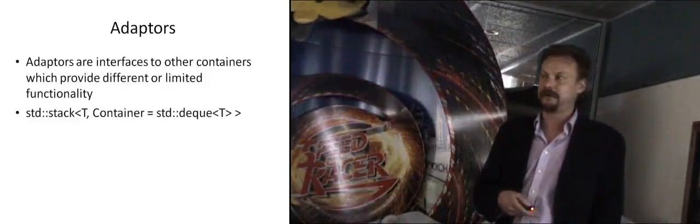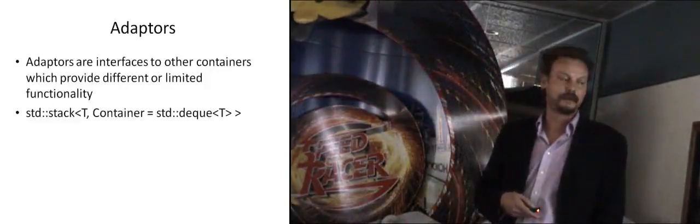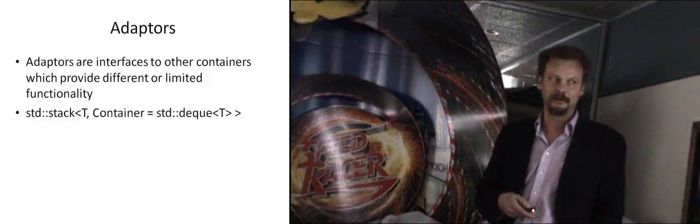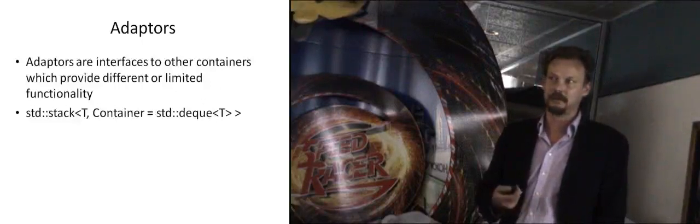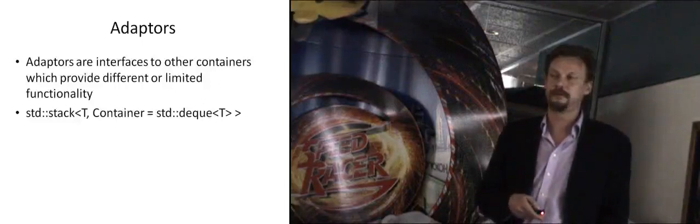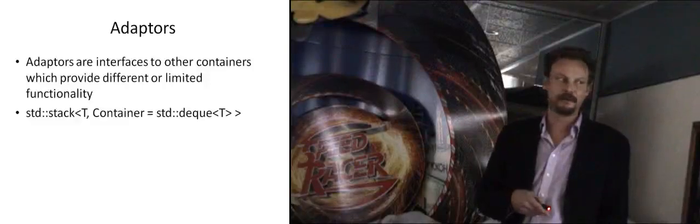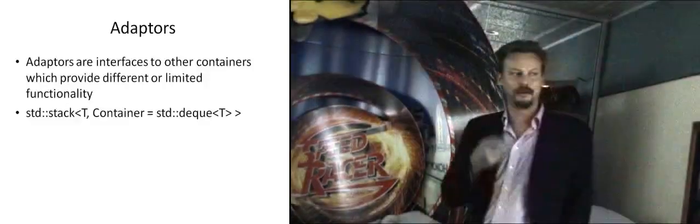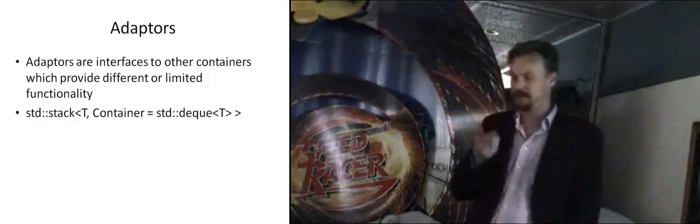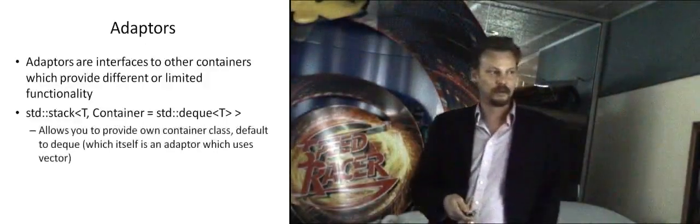The actual container to use is passed in as a template parameter, and it defaults to being a deque. Now, I don't know why it defaults to a deque. There's a good argument to say it should default to a vector, because you never add or remove from the front of the stack. You only ever work at the back. That should be a vector. It isn't, it's a deque. I don't know why, but it is. Needs a patch, Chris.